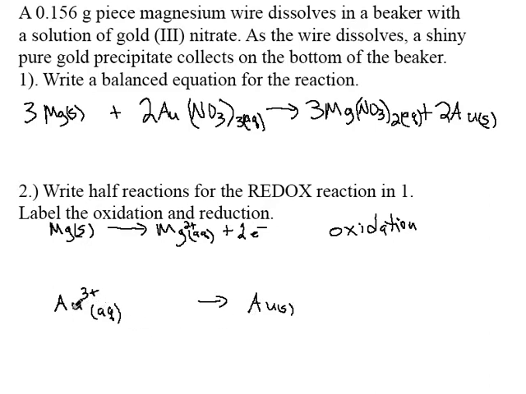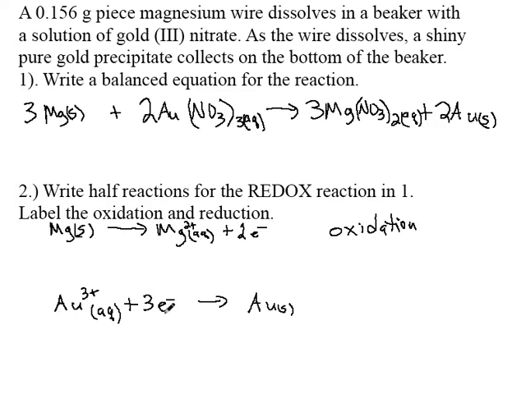In order for this ion to become this atom, the charge has to be balanced. We have 3+ charge in the reactants and no charge in the products. That means that the gold 3+ ion is going to gain 3 electrons. Therefore, the overall charge on the reactant side is 0, and the overall charge on the product side is 0.